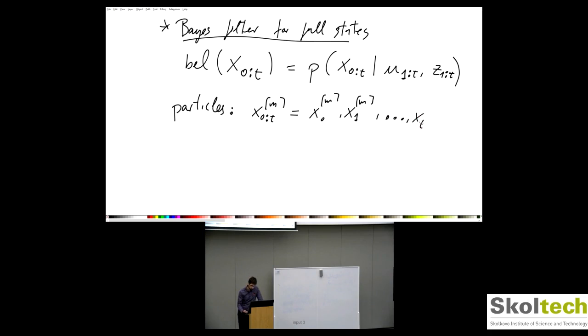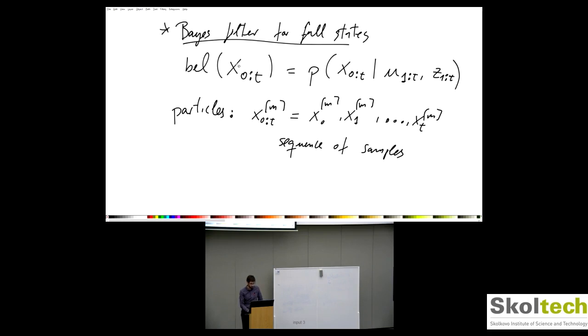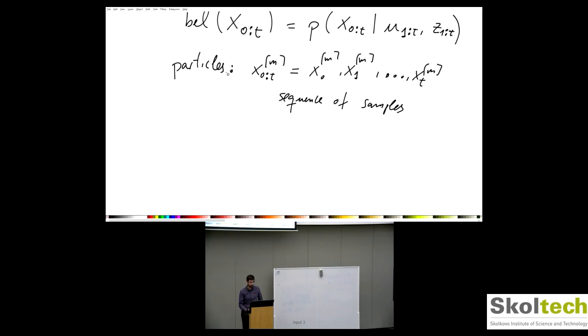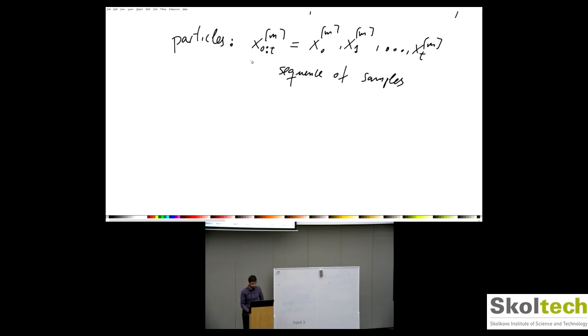So this is going to be our new redefinition of particles if we want to consider full states: a sequence of samples. This is just a mathematical definition that we do at the beginning, such that later our Bayes filter is going to be simplified. But for now, let's assume this. We have this long chain of states, and each of them is going to be a particle.